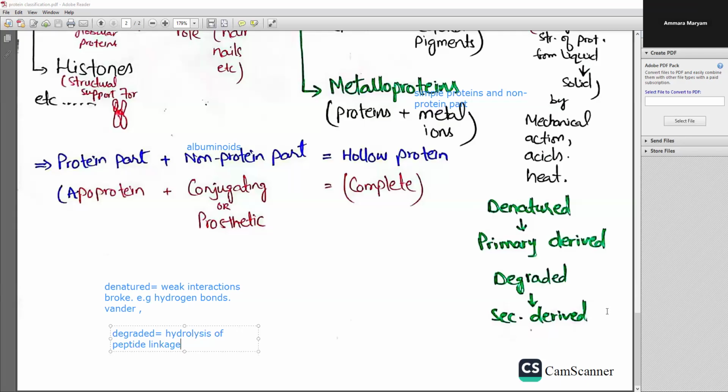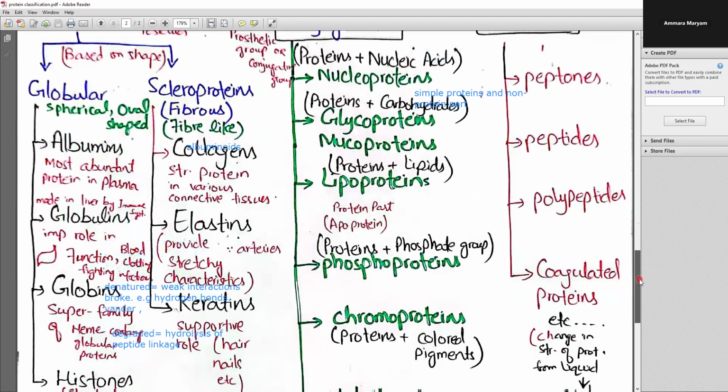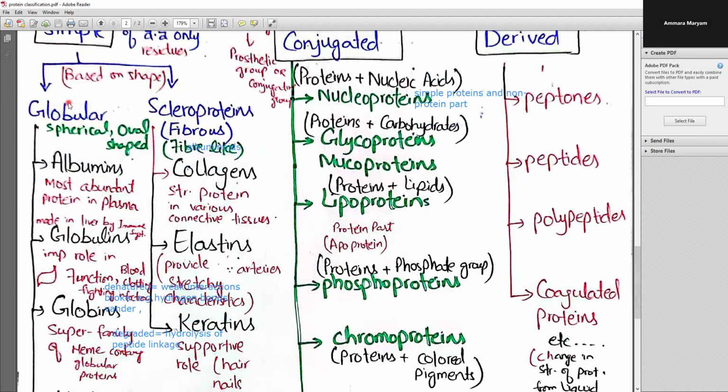Okay, now let's have a look at the examples of the simple proteins. As I have already told you, they can be classified on the basis of shape, globular or fibrous proteins.